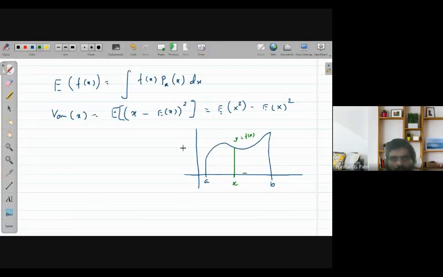Then we can draw this rectangle from here. This is the point b.